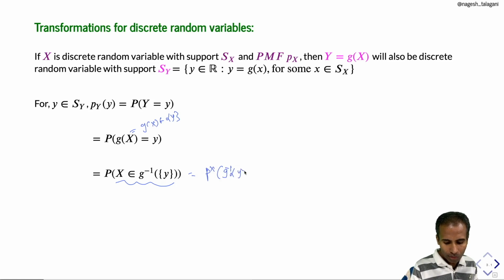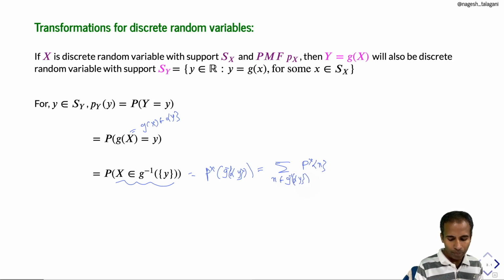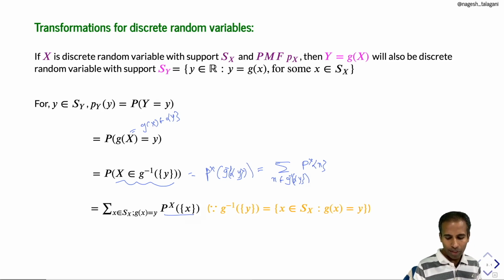inverse singleton y. This probability we can write as the sum of singleton probabilities under Px, where the summation varies over G inverse singleton y. Next we can write this as the sum of the singleton x probabilities under Px, where x varies over this G inverse y, which consists of x in Sx with g of x equal to y.